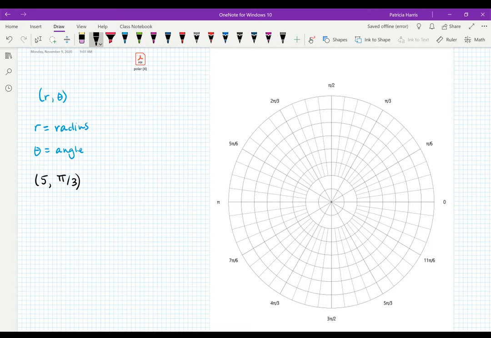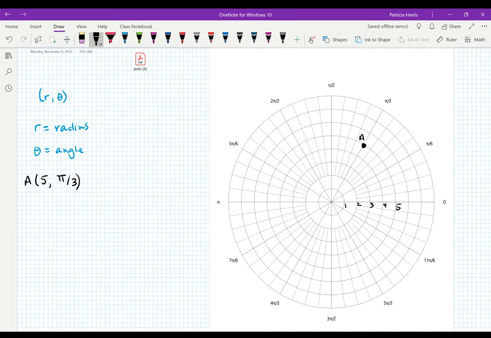So we're going to count out 1, 2, 3, 4, 5. Once we find that radius 5, we're going to follow in the counterclockwise direction until we get to pi over 3, and then we're going to make a dot. And that's our first polar point. For reference, we're going to call that A.